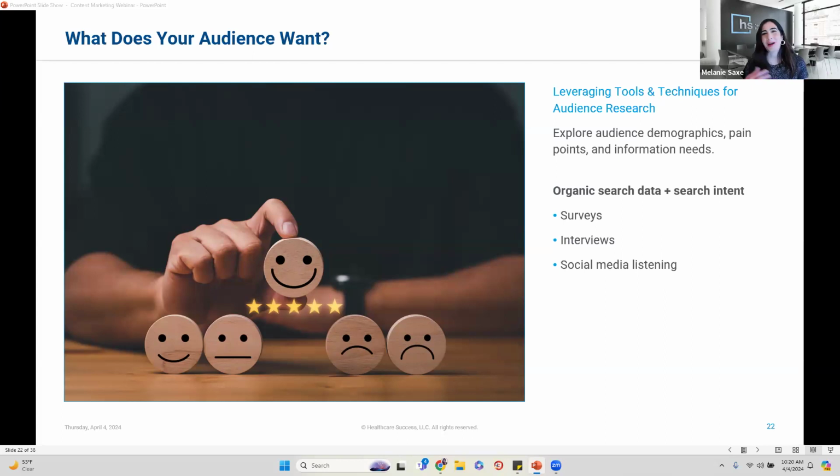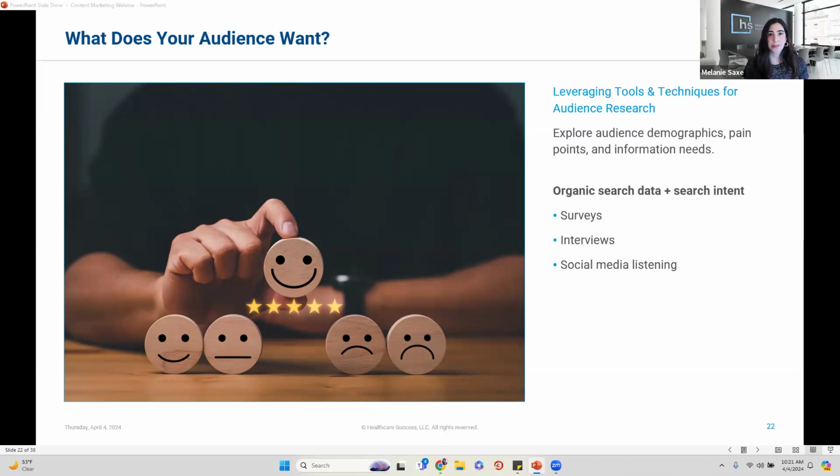And obviously, I'm going to give a lot of time to SEO, but in doing so, I hope that I can sort of clear up some myths and misunderstanding in the SEO industry and how it's related to content. One good example is search data, organic search data, and search intent. So if we want to truly understand our audience, organic search data helps us do that.